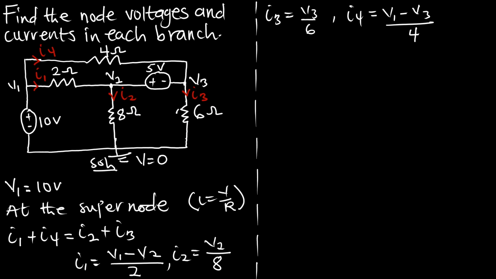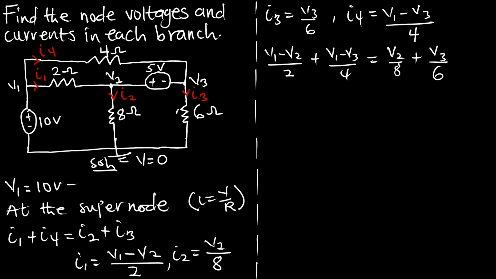So that is going to give us I1, which is (V1 minus V2) on 2, plus I4, which is also (V1 minus V3) on 4, equal to I2, which is V2 on 8, plus I3, which is V3 on 6. Now, we know from equation A that V1 is equal to 10. So we can bring the value of V1 into the equation.